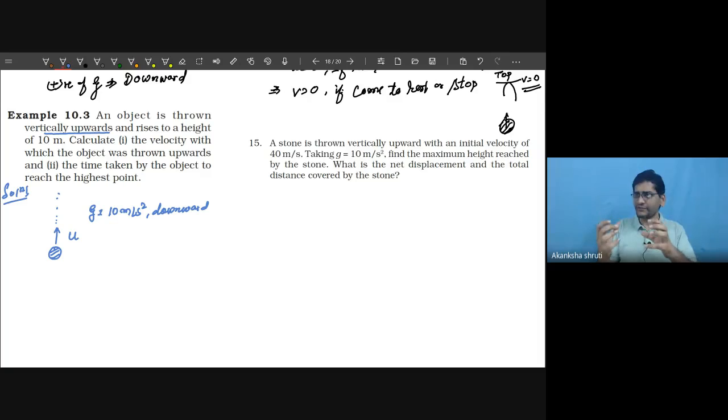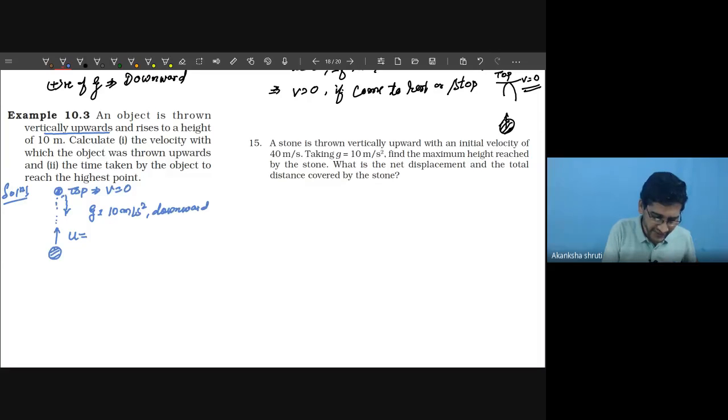Because of this downward acceleration and upward initial velocity, the body will finally come to rest somewhere, at the top, where its final velocity becomes 0. Then it will momentarily come to rest at the top of its journey, then start falling downward. So this is the journey of a vertical motion.